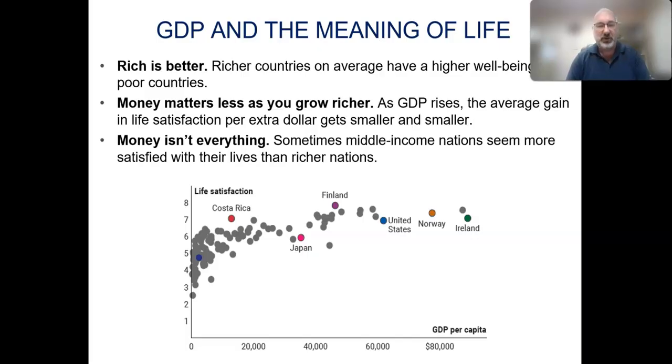You've got people that have not as much money that are still pretty high on the life satisfaction scale. Richer countries on average have higher well-being than poor countries. Money matters less as you grow richer. As GDP goes up, the average gain in life satisfaction per extra dollar is smaller and smaller.